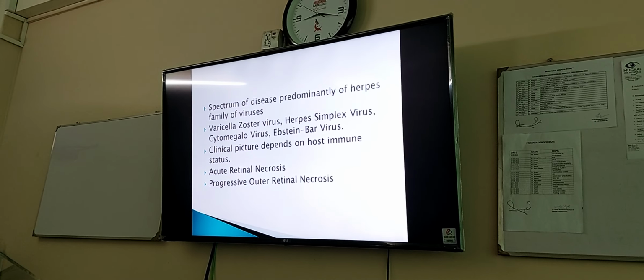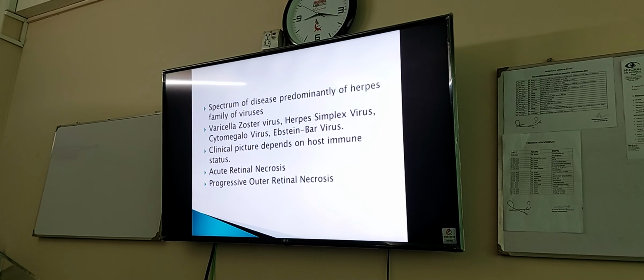So, if you see a corneal opacity and you decide to have a corneal transplant, there may be retinitis and increased intraocular pressure damage. So, the prognosis is guarded in such cases. You just see the corneal opacity and think, I will do grafting and it will be fine, but what is the condition behind?